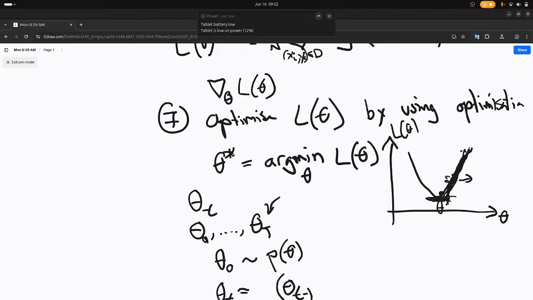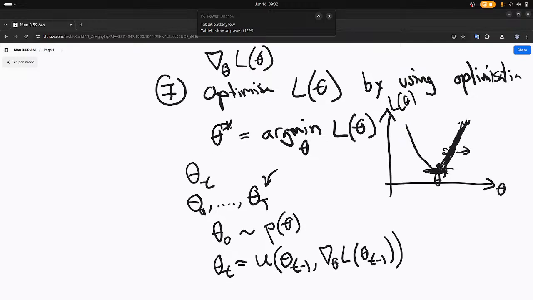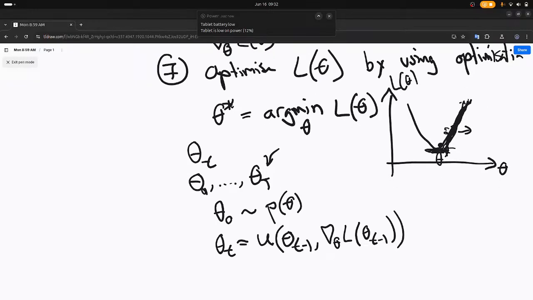I will use another letter because I used f a lot, so let's call this u. U takes the current parameters and it somehow takes the gradient with respect to parameters of L of phi of t minus 1, and it gives you the next one. Some way of moving in this direction by where we are currently and what the derivative is. And many examples exist.